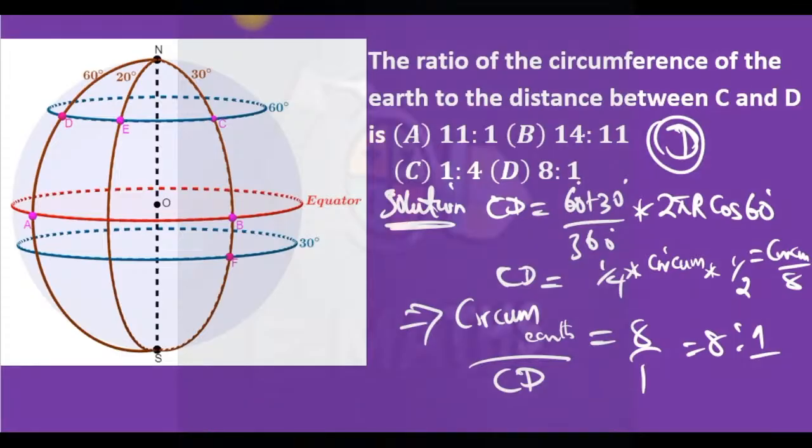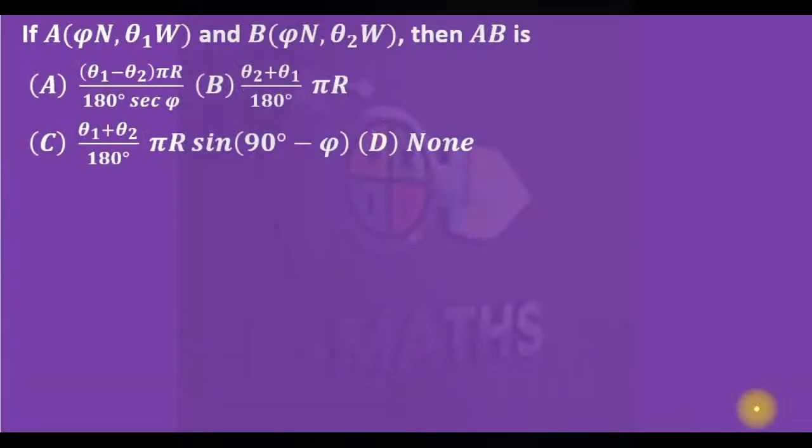Thank you. Okay, look at this. We are given A with latitude phi and longitude theta 1, and B with latitude phi and longitude theta 2. Then we're asked to find the distance between A and B. So before now, in our introductory video, I said that for us to find the distance between 2 points on the Earth's surface, they must have either common latitude or common longitude. And if they have common latitude, it means that the distance is along the latitude.